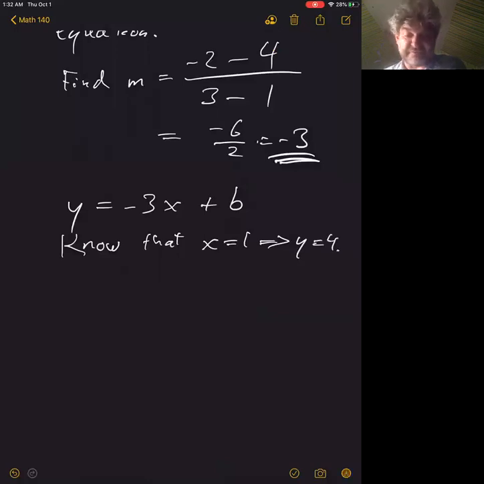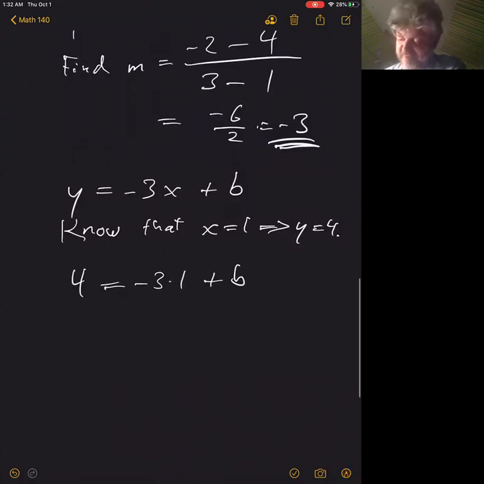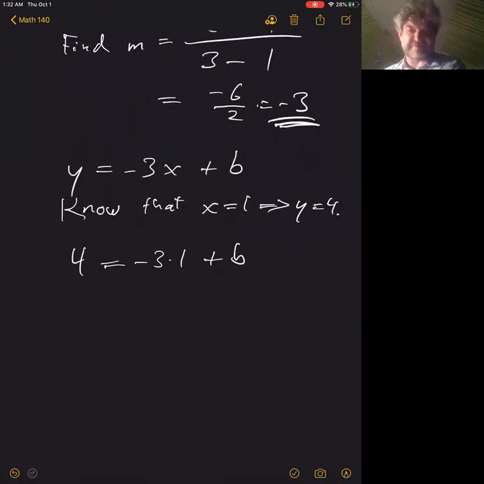Plug in those values. You plug in 4 for y, 1 for x, and that should help us find b. You can solve that equation for b. b is 7. And we're home high and dry.